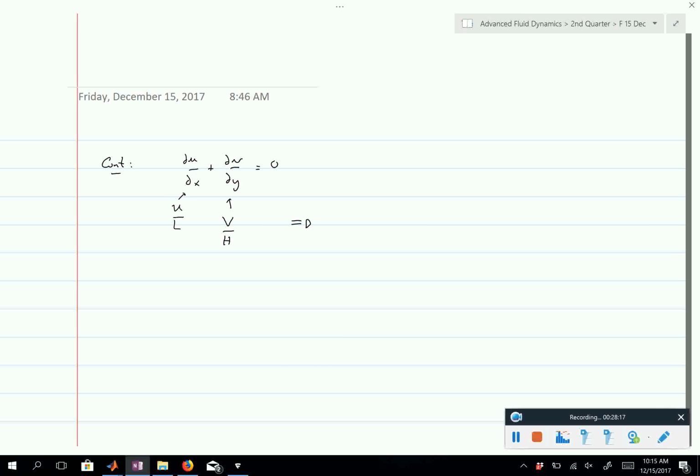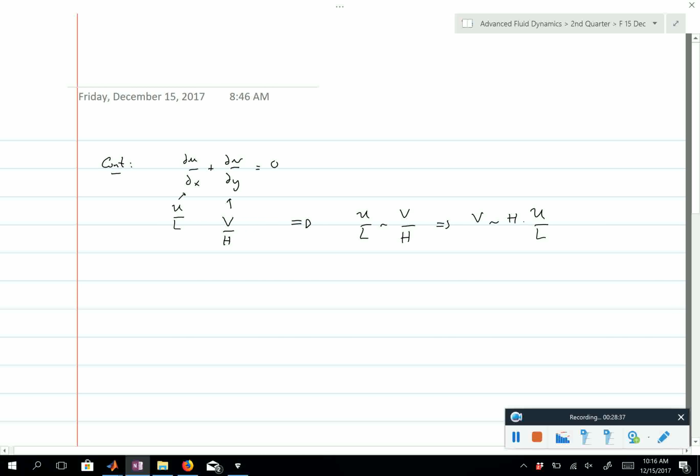Otherwise, they can't cancel each other. So that gives you a scale for V: U divided by L will have to scale with V divided by H, and therefore V will have to scale with H times U divided by L.